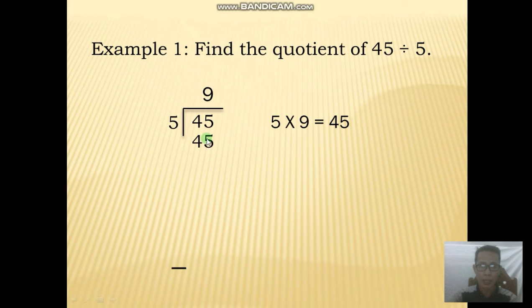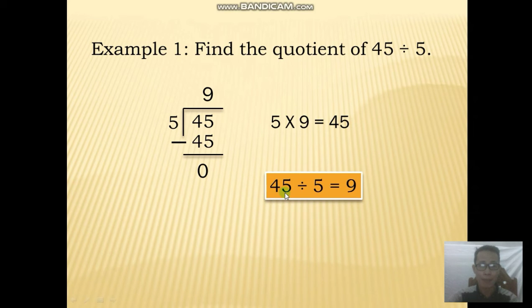After multiplying, we will do the subtraction. So, 45 minus 45, that is 0. So, 0 po ang dapat isulat dito, hindi po x. Therefore, 45 divided by 5 is equal to 9. Ito na po yung quotient na hinahanap natin.